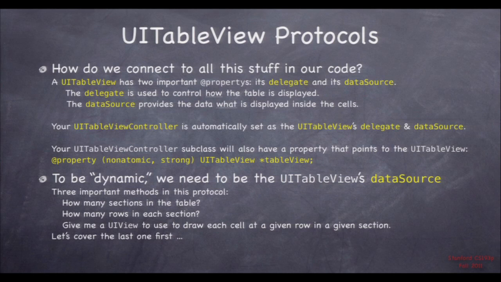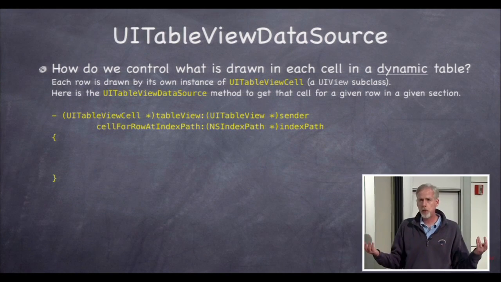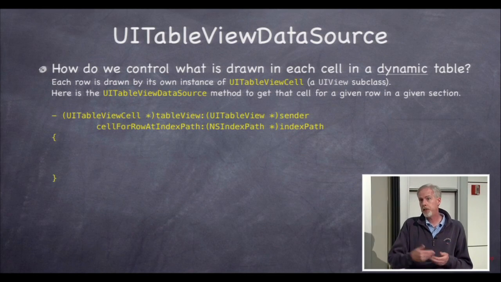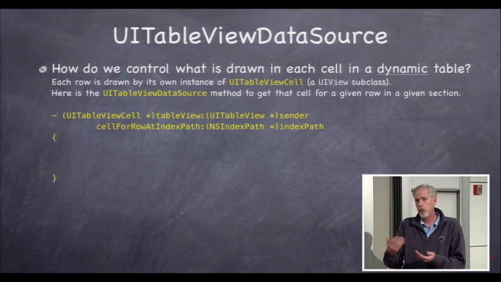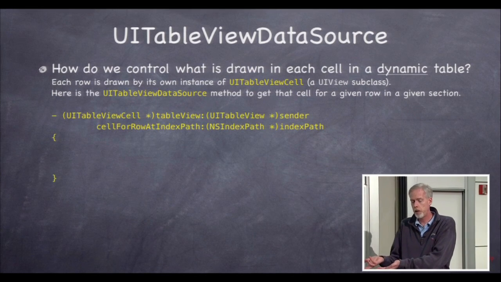So let's look at the last one, the one that is give me the UITableViewCell that is going to draw a certain row. This is what that method looks like. It's called tableView cellForRowAtIndexPath. As with all delegates and data sources that we've seen, it always passes the sender. So the table view that's asking you for the cell at the row at index path is passing itself as the first argument.